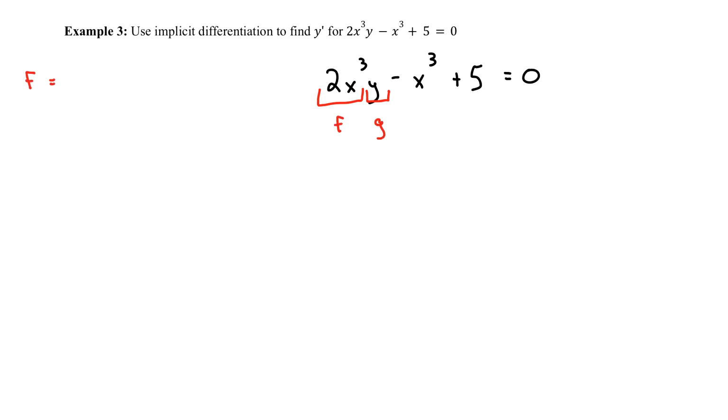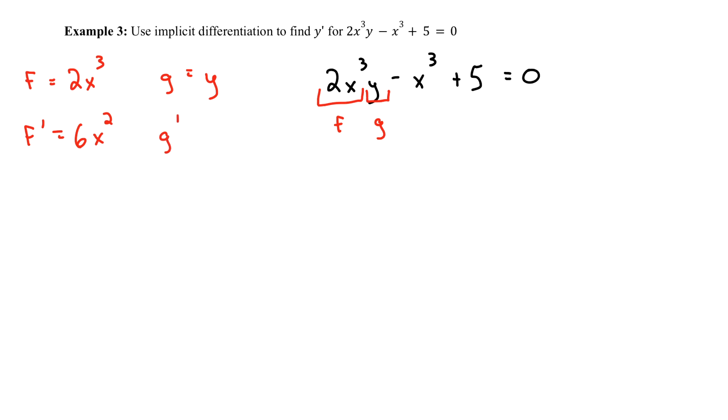So f is equal to 2x cubed. F prime would be 6x squared. G is going to look like just y by itself.